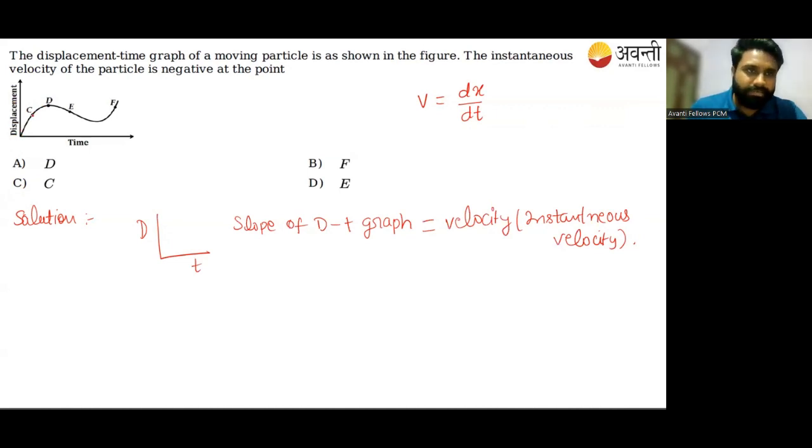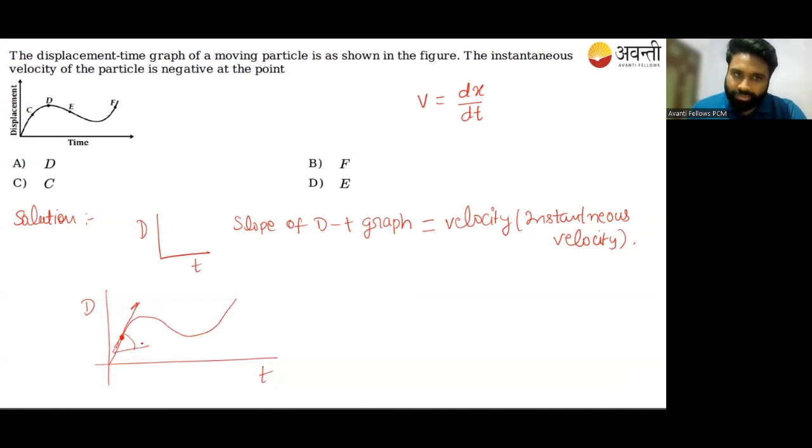So you can see in this graph, let me draw it here. This graph moves like this. This is x and this is t. Now at the point C, the slope is positive because the tangent makes an acute angle with the horizontal axis.